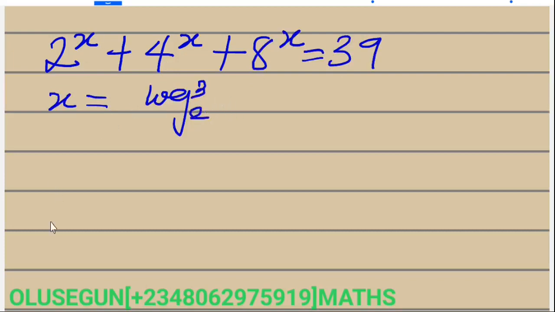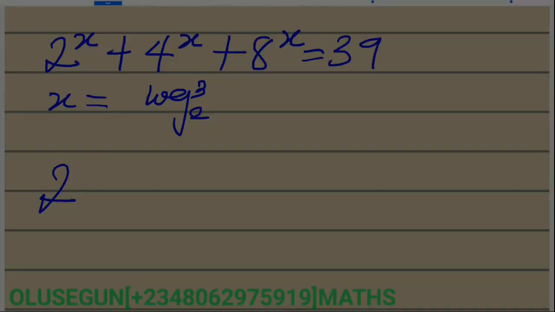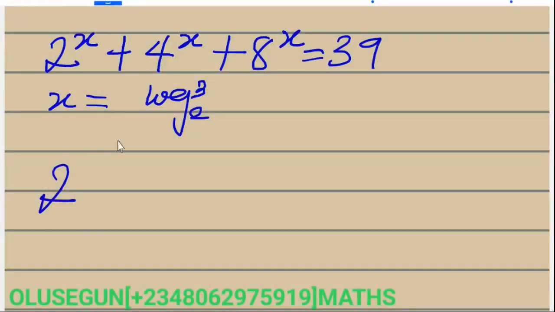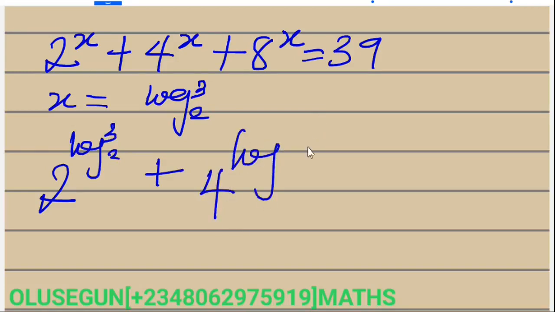So let's apply it to have 2 raised to the power log 3 base 2, plus 4 raised to the power log 3 base 2, plus 8 raised to the power log 3 base 2.